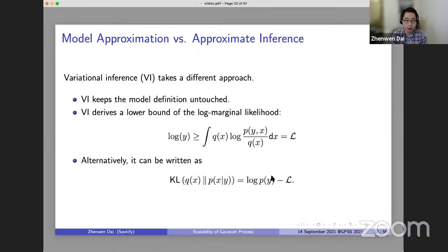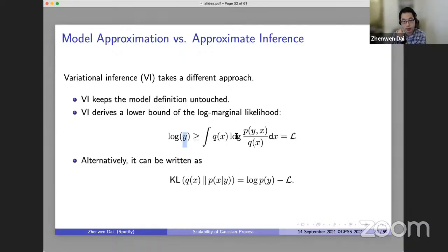For people who are not so familiar, variational inference is a probabilistic inference framework. The way it works is that it defines a family of posterior distributions.